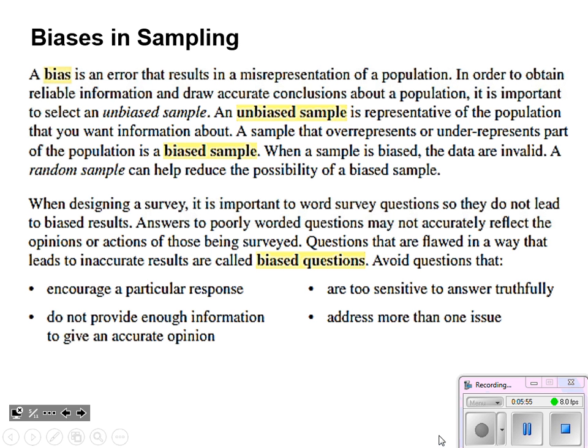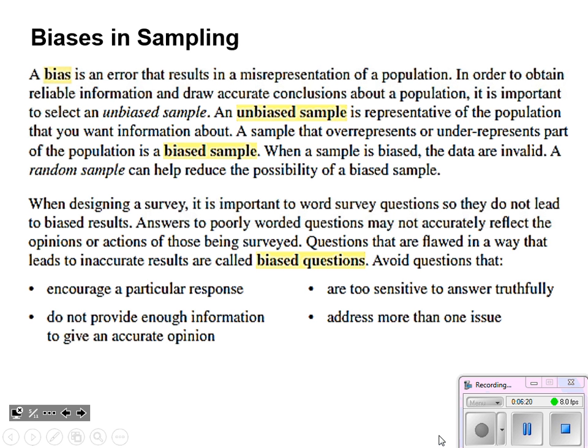A lot of times biases come as a result of how questions are worded. We'll see examples of this later on in the lesson, but we don't want questions that, when you read them, encourage a response. We don't want questions that are too sensitive to answer truthfully, maybe because the context is a really sensitive issue where people might not answer honestly.